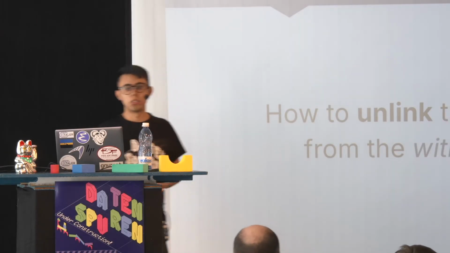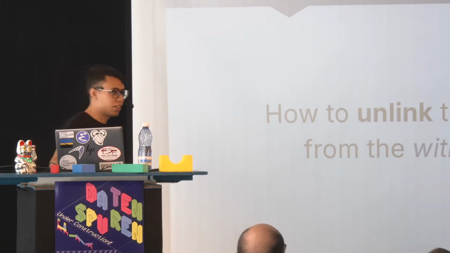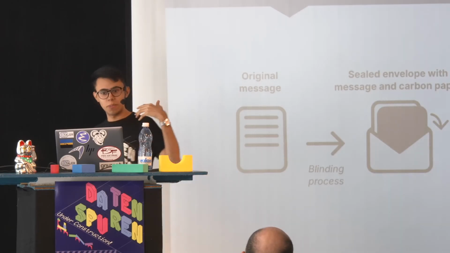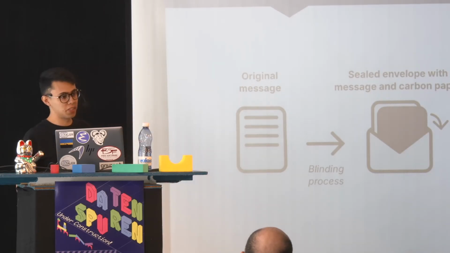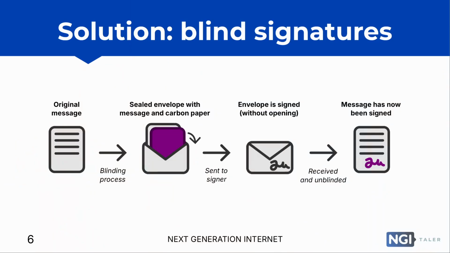For that, we use a very neat cryptographic construct called blind signatures. Let's say you want someone else to sign a document without actually reading or identifying the document, but in a way that he or she can later verify the signature once its contents are revealed, and still not be able to link it to the original signing process.